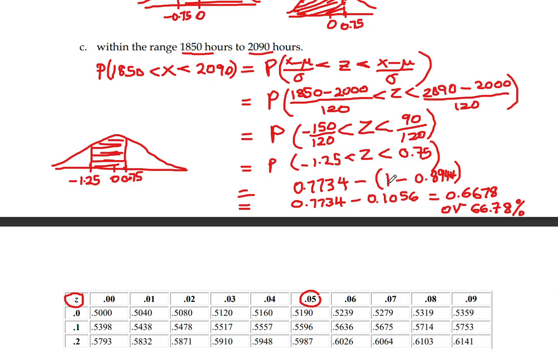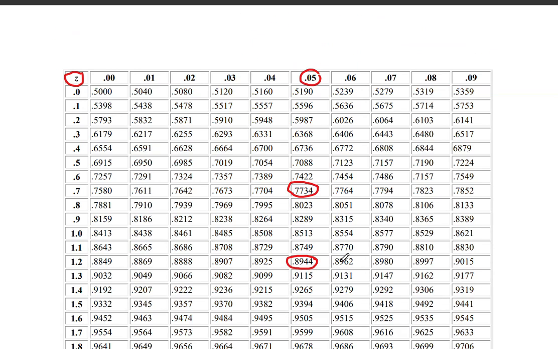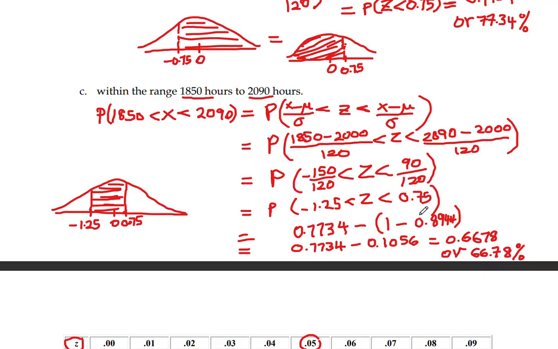Subtract, and notice I put this in parentheses for ease of simplification. So you subtract 1 minus the probability reading, meaning the reading from the standard normal table, of 0.8944 that is associated with 1.25, which is the positive value or the absolute value of this negative z value that we came up with through standardization.